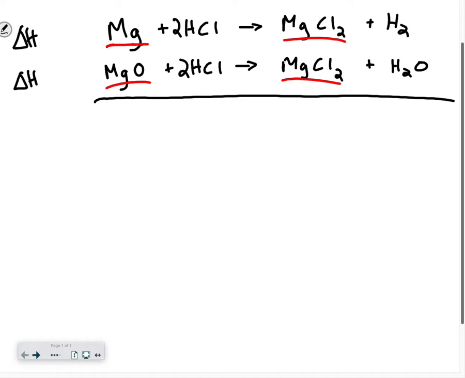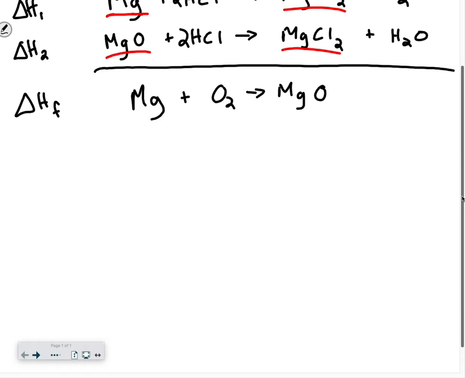And if you flip your reactions, the goal is to find magnesium plus oxygen. We want to find the enthalpy of formation of magnesium oxide. Okay? So essentially we're going to measure two things, H1 and H2, and we're going to find the enthalpy of formation of magnesium oxide. Pretty awesome, correct?